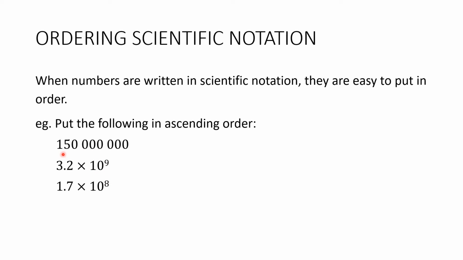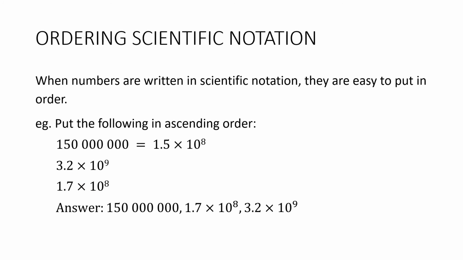This is 1.5 times 10 to the power of 8. Now we know that these two are of similar magnitude. This one's the smallest, then this one, and this is the largest. So here's our answer, 150 million, then 1.7 times 10 to the power of 8, and then 3.2 times 10 to the power of 9.